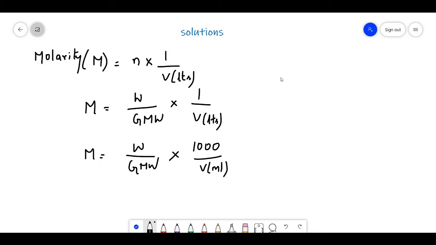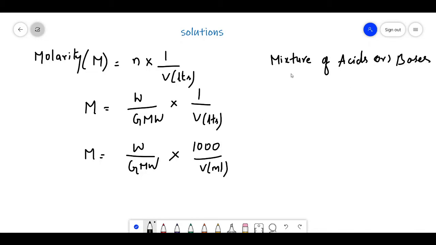And if two solutions are given, like if two acids or two bases, so if a mixture of acids or bases are given, it may be two acids or three acids, or it may be two bases or three bases.